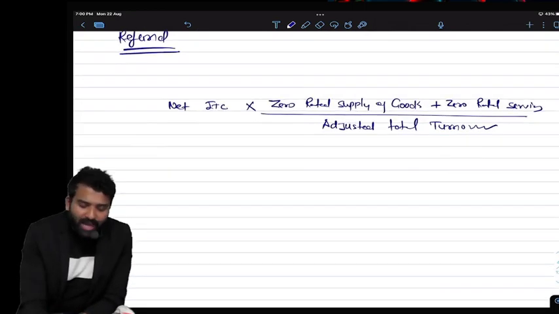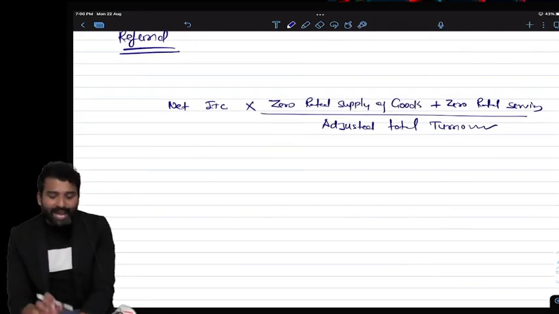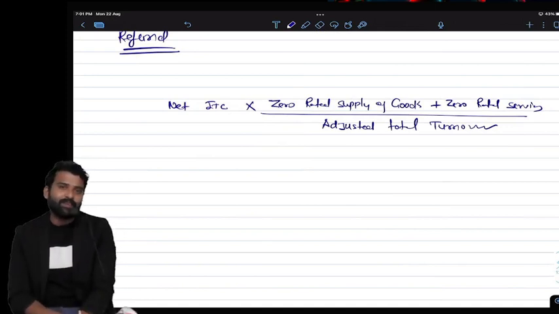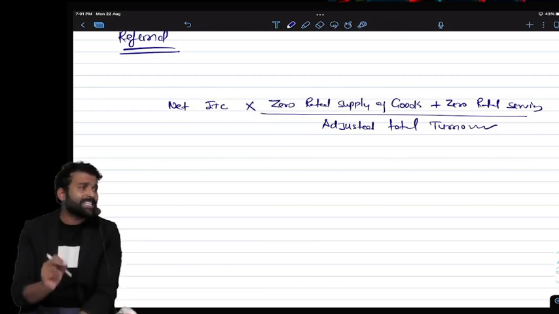With this formula, I am eligible to calculate. I can calculate how much is my maximum refund admissible. Yes, with this formula, I can easily calculate how much is my maximum refund admissible.